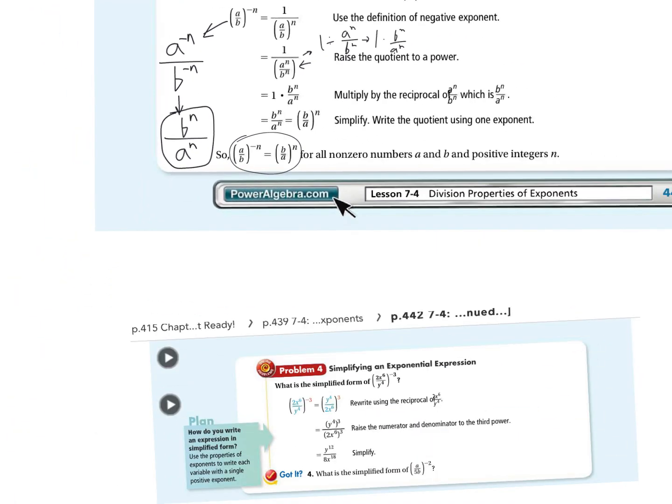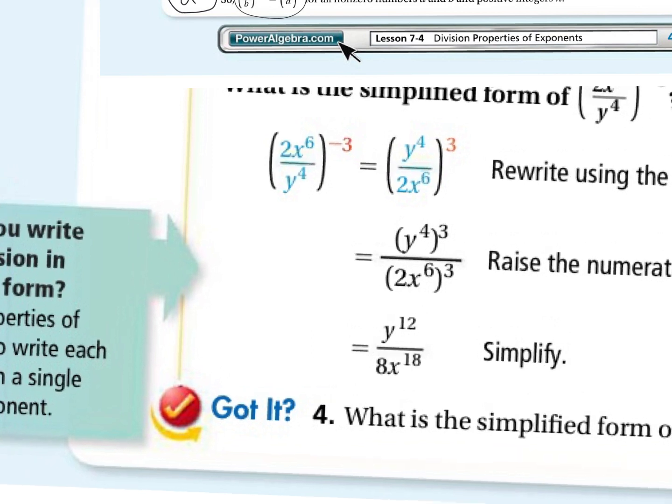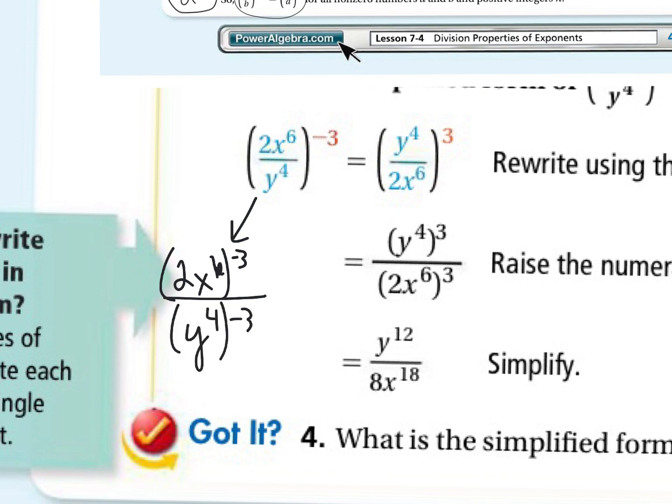So with that idea, if we look at problem 4, I would probably go this route of saying, let's take this to the negative 3rd power, let's take this to the negative 3rd power, and then to get rid of the negatives, I'm going to move them. So the numerator moves to the denominator to make that a positive 3.